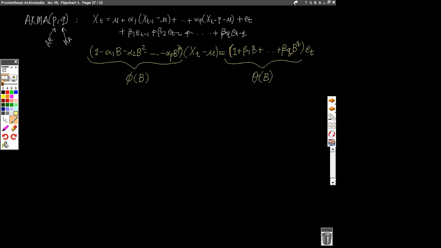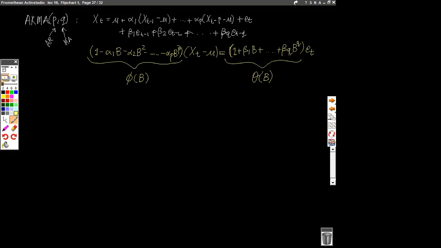So this is just a polynomial of degree p, and this is a polynomial of degree q here, right? So I guess that's clear about the ARMA process. And now, when will my ARMA process be a stationary process?